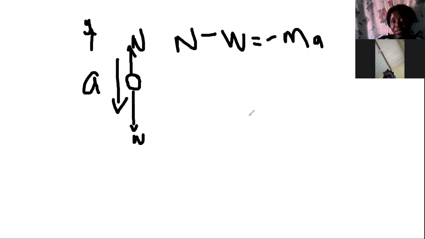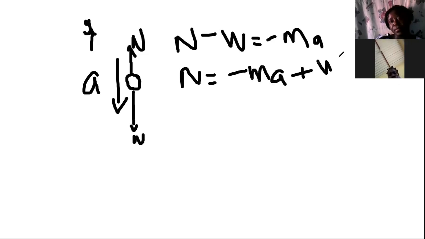Why minus? Because the acceleration is going in the negative direction. So making the normal force the subject of the formula, the normal force equals minus mass times acceleration plus your weight.